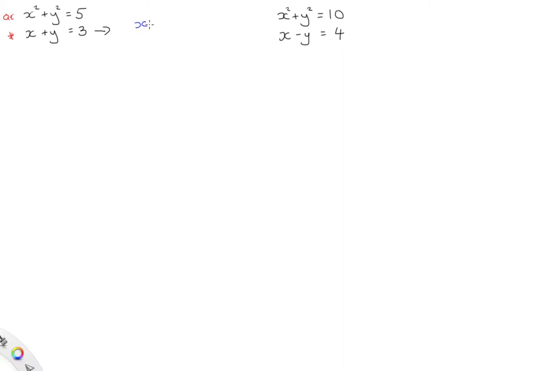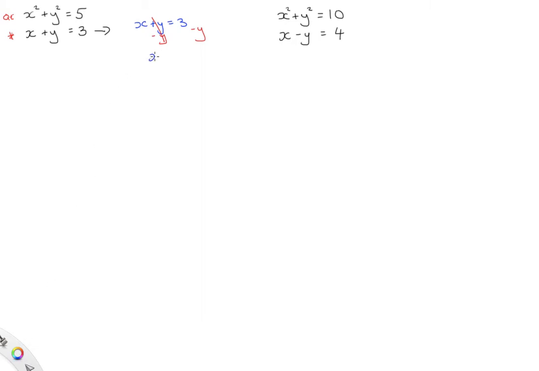So I'm just going to write that here, x plus y equals 3. And I'm going to get x all by itself on the left-hand side, okay? So I do that. You can carry the y over if you use the old-fashioned method, or you can minus y from both sides. That's the balancing method. So they cross out.